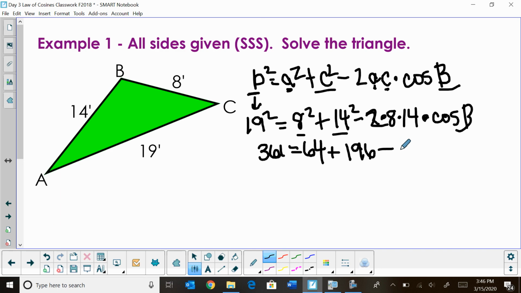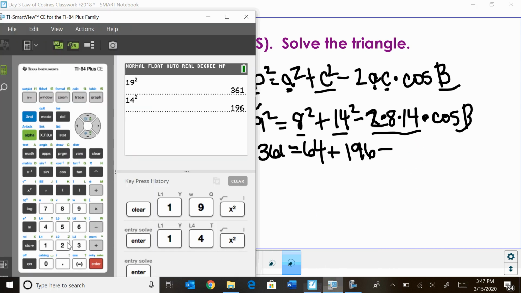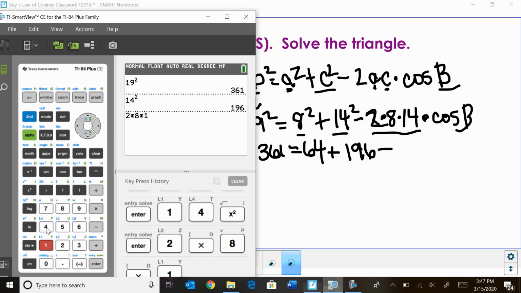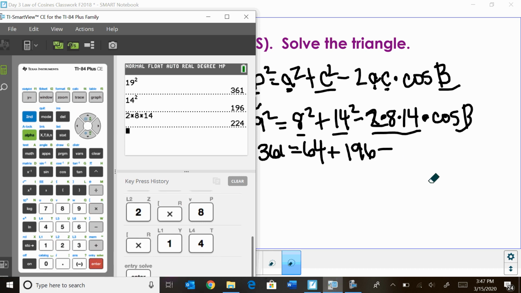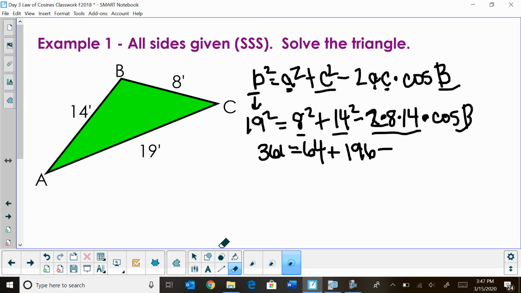So minus 2 times, let's go ahead and multiply this out. 2 times 8 times 14, and that's going to give us 224. So that's our coefficient to the cosine of B. So 224 cosine of B.